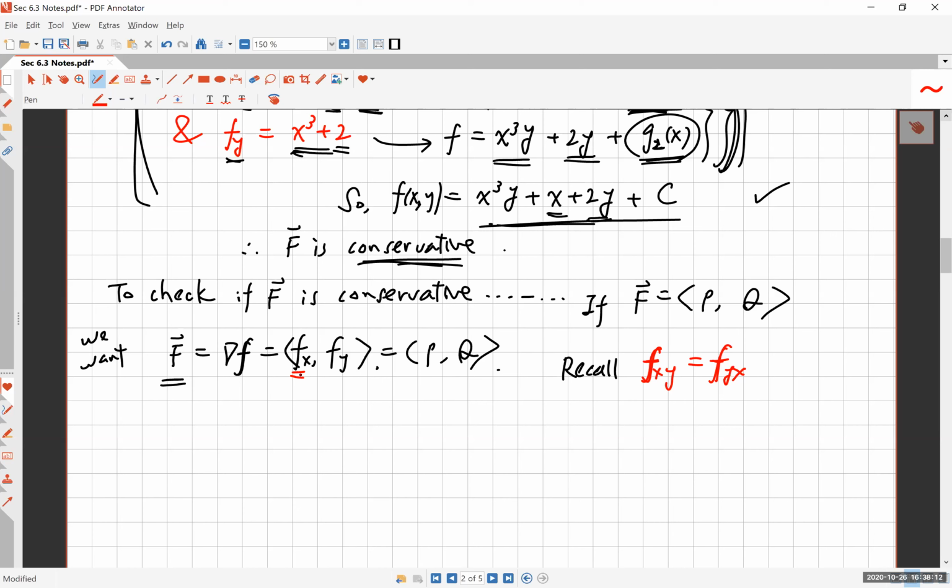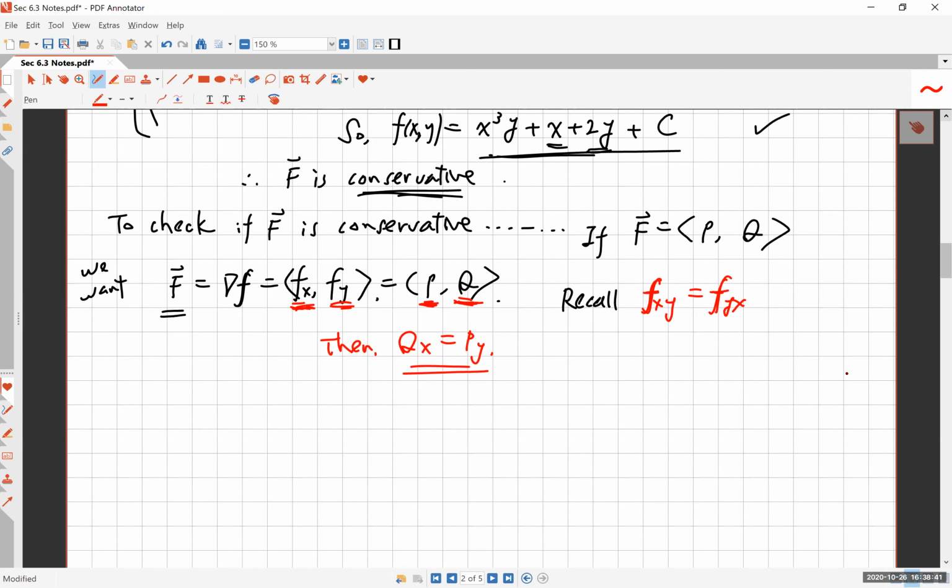So guess what? If this has to be P, and if this has to be Q, then Qx must be equal to Py, right? Because P is fx, so the derivative of this with respect to y has to be equal to the derivative of this with respect to x, right? So this is a necessary condition for that, right?